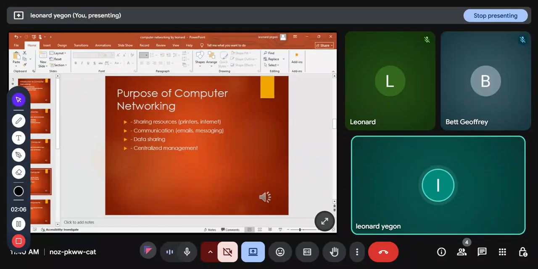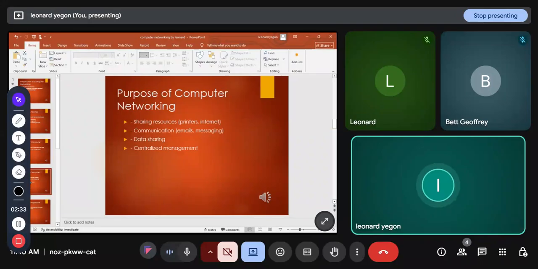They communicate through the network so that they can print the documents. Another one is the internet. For you to communicate through the internet, for example Facebook, Twitter, email, and those other things, you are supposed to have the internet so that you can communicate with another person.